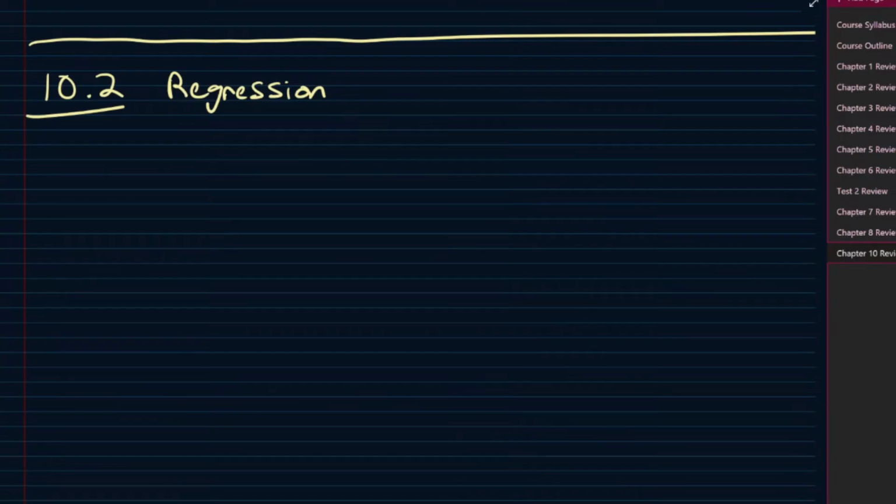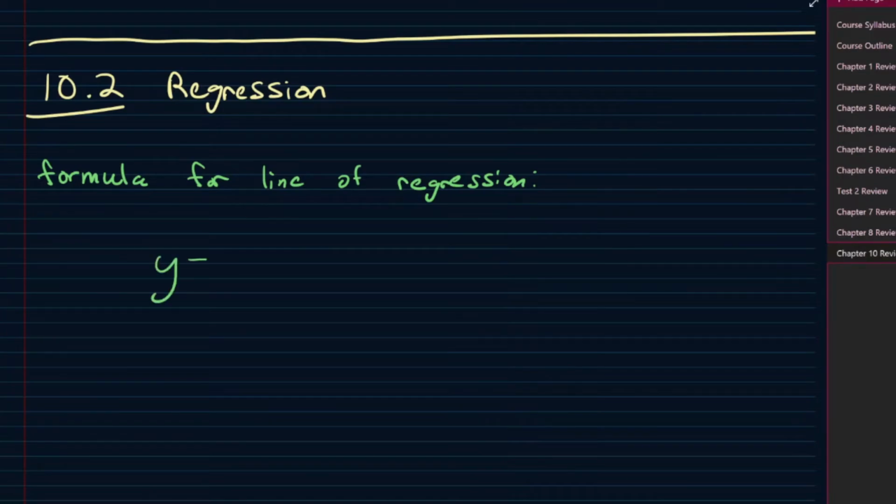So the formula for the line of regression is the following. y is equal to ax plus b. And a and b are pretty ugly.